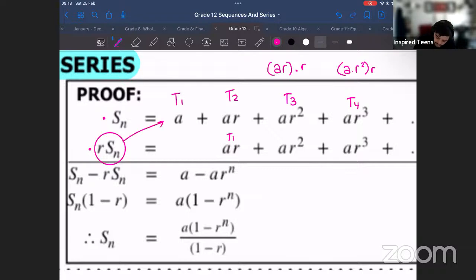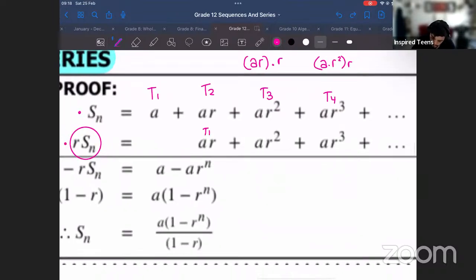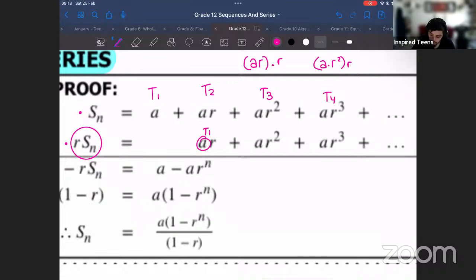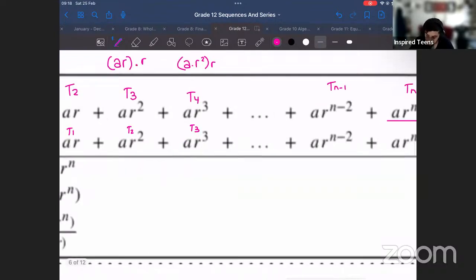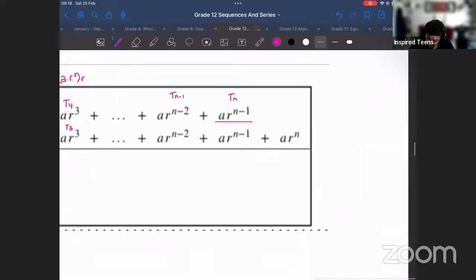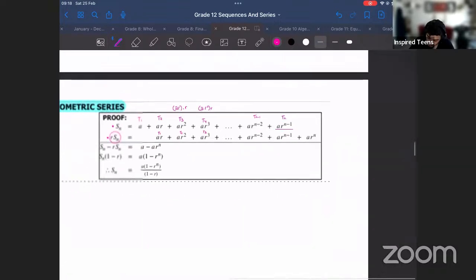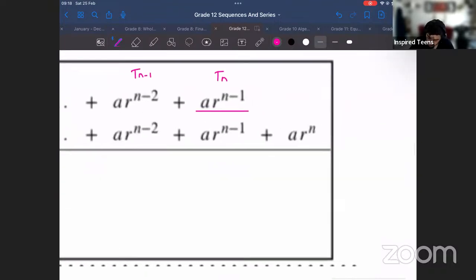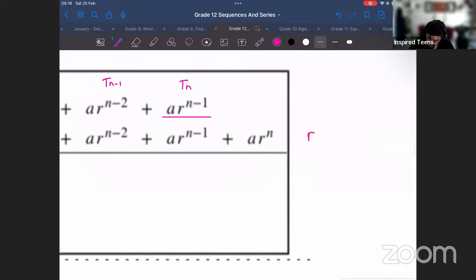So that would be an extra R, an extra R, and so on and so forth. That's exactly what we are doing. For T2, we're just taking the first term but multiplying each one by R. Then T2 is going to be R and R again, then T3, and so on. When we look at the end, we basically get R to the n minus 1 times R to the 1.